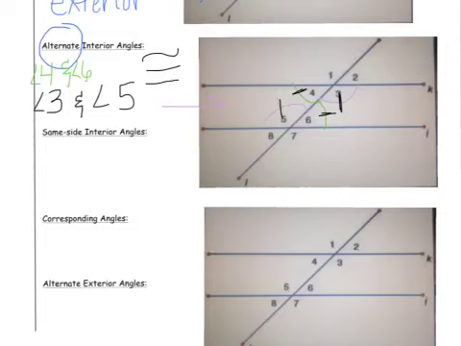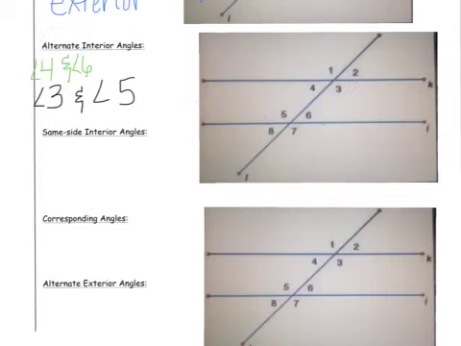The second type of angles that we're going to talk about are same side interior. Same side interior says that they are going to be on the same side of the transversal. Same side, and they're going to be interior. Same side, interior.